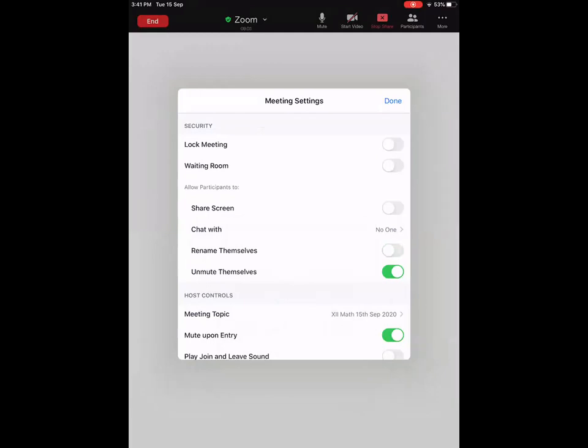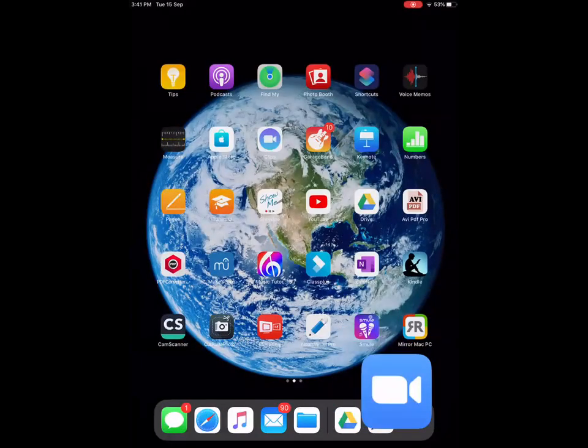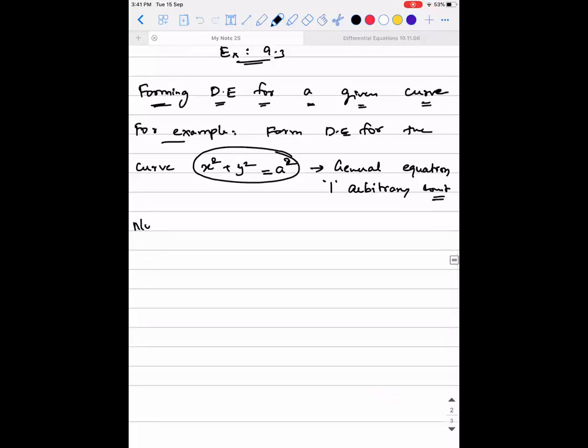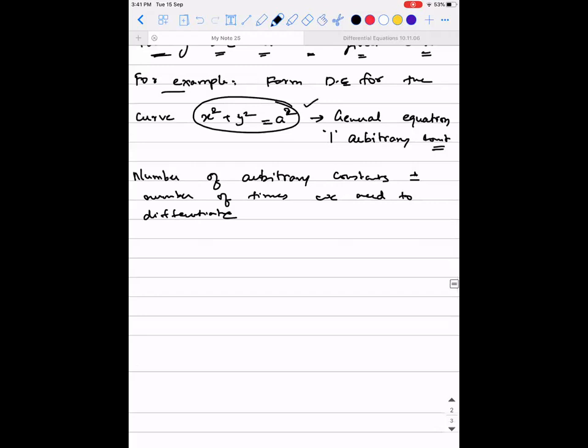So remember, the number of arbitrary constants is equal to the number of times we need to differentiate. If that is the case, when you differentiate this implicit function once, what do you get?